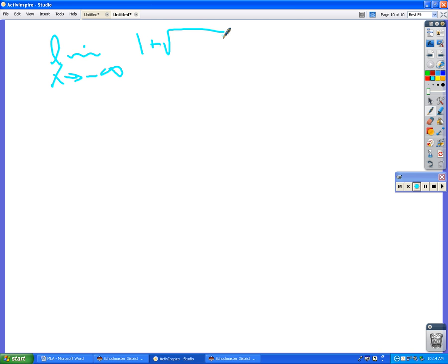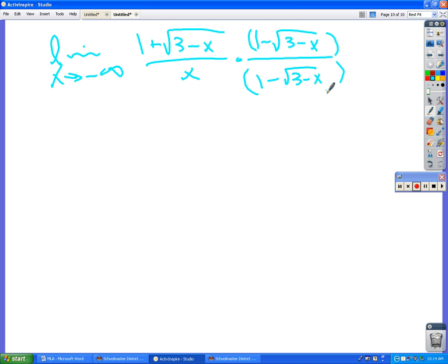So this was the square root of 3 minus x, over x. You would then multiply top and bottom by the conjugate, 1 minus the square root. First times first is 1, plus x. Outside and inside cancel, and then that's going to be minus the square root of 3 minus x over x times 1 minus the root.